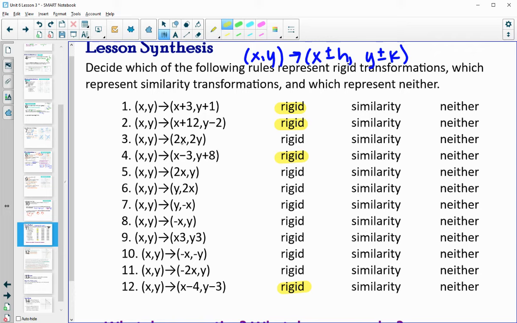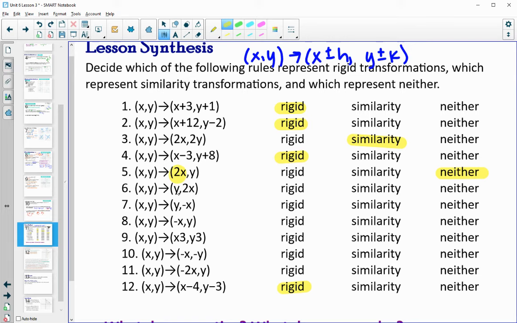We also looked at multiplying the x and y by the same number. So in number 3, those just stretched the horizontal and vertical distance at the same rate. So that's going to produce similarity. This one's stretching at a different rate because the x is multiplied by 2, but the y is not. So that's neither. It's going to stretch it side to side.